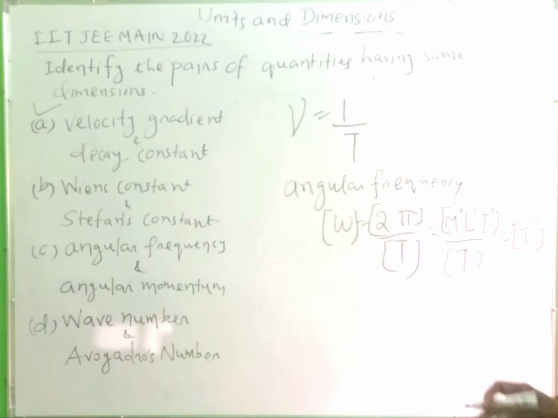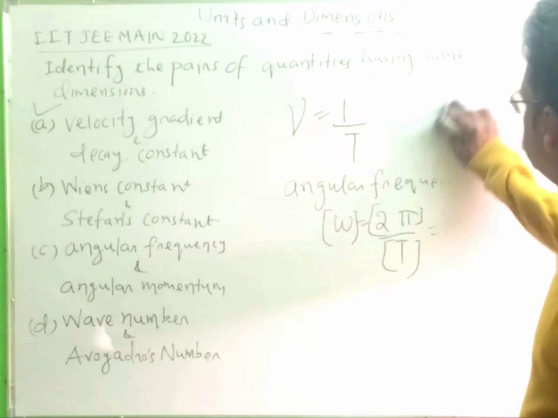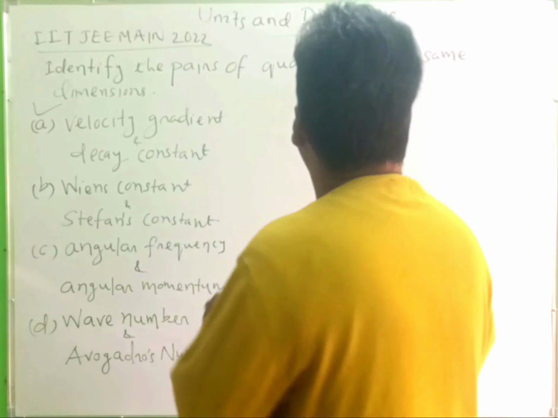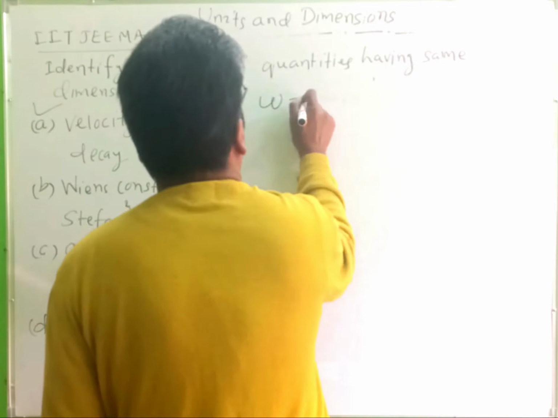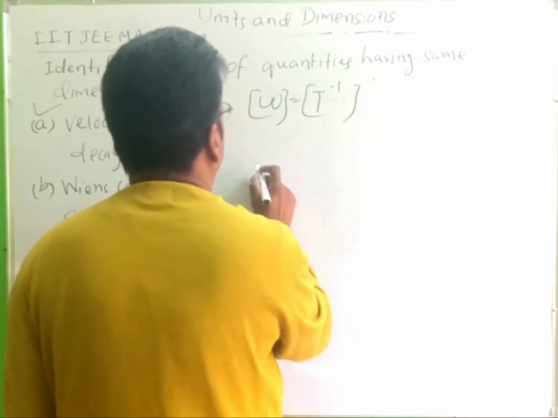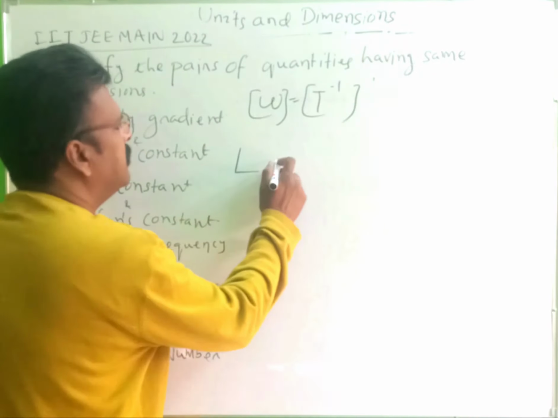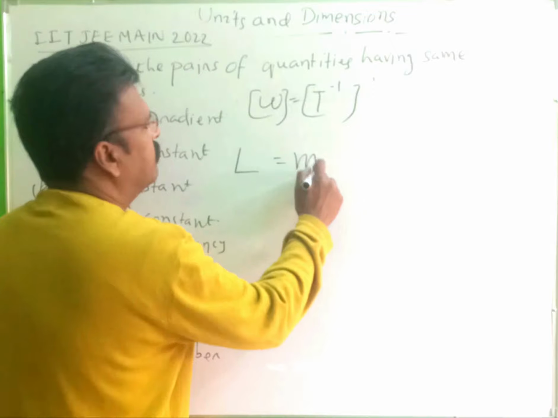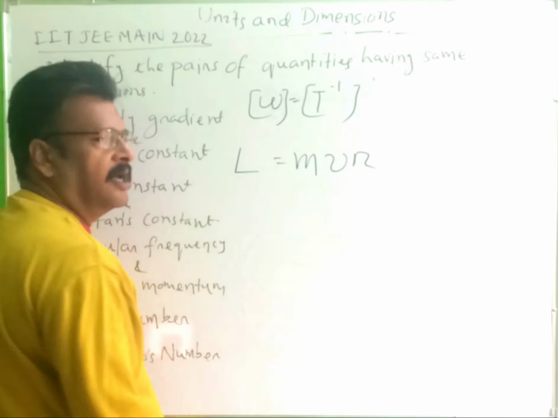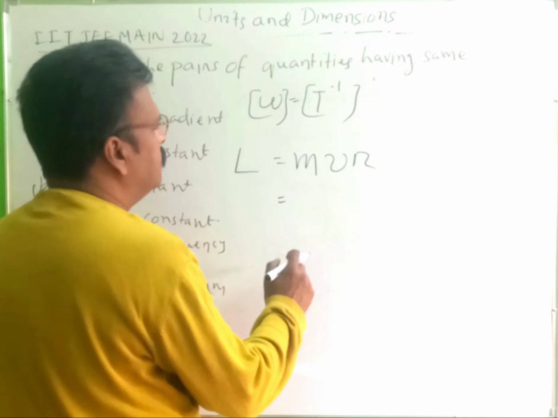Okay student, and what are the dimensions of angular momentum? Let us write here angular frequency omega as dimensions T to the power minus 1. Then let us check the dimensions of angular momentum. Angular momentum is denoted by L, and the formula is mvr, where m is the mass of the body, v is velocity, and r is the radius of the circle in which it executes circular motion.